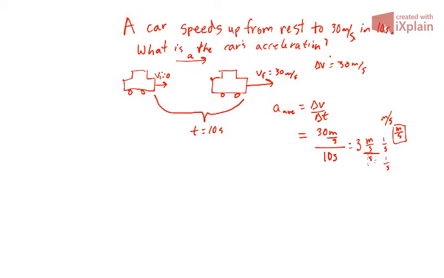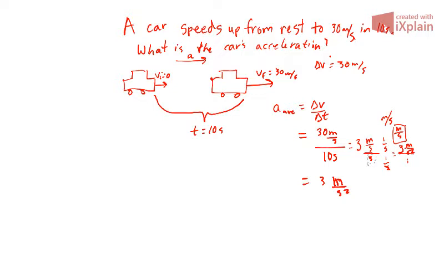Then the s is on top and bottom, and this whole bottom part goes away, it becomes 1, and we're left with the top. We've got the 3, meters times 1 is meters, seconds times second is second squared. So our average acceleration is 3 meters per second squared.